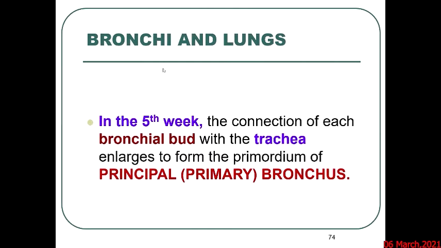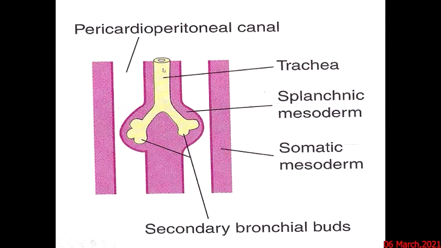In the 5th week, the connection of each bronchial bud with the trachea enlarges to form the primordium of the principal or primary bronchus. So the connection of each bronchial bud with the trachea: this was a bronchial bud, one bud like this, another like this.